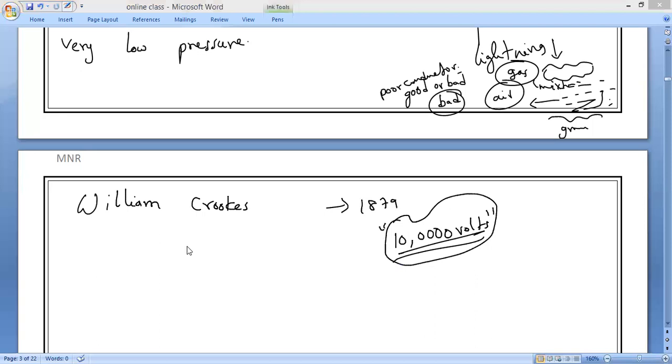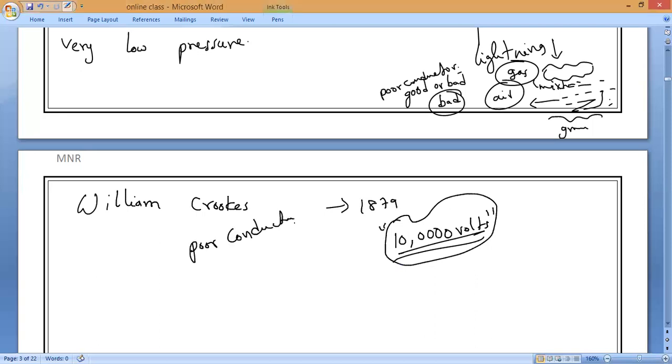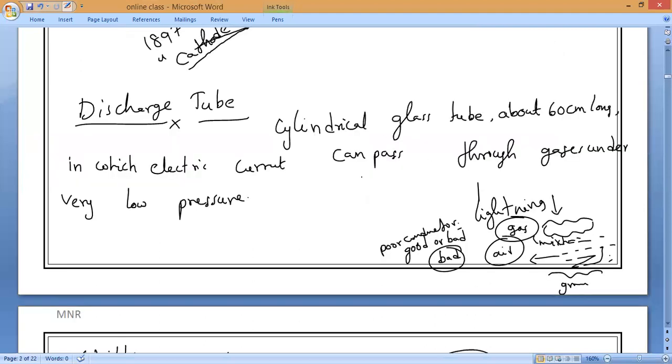They were very, very poor conductors. But whenever we reduce the pressure inside the discharge tube, they noticed that gases turn into good conductors of electricity. That is why gases conduct electricity when we create very low pressure inside the discharge tube.